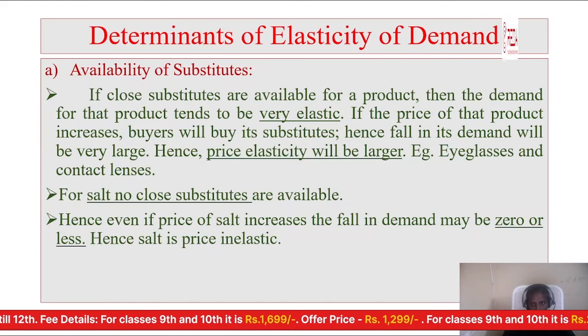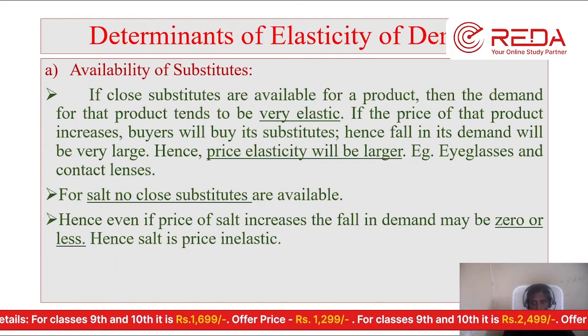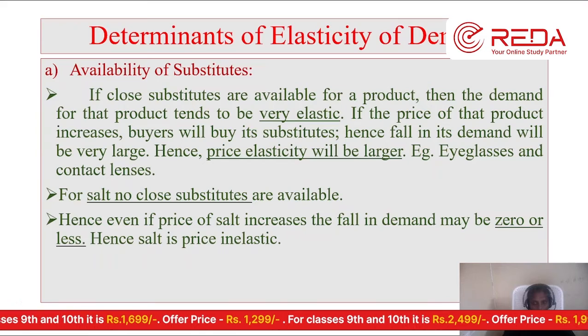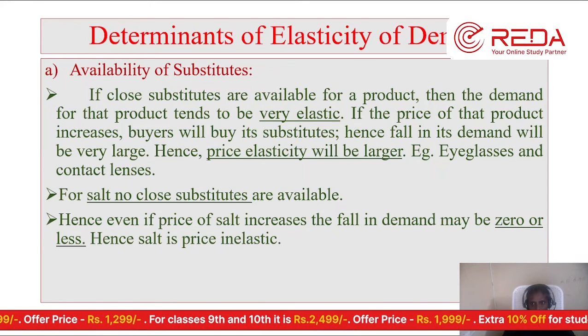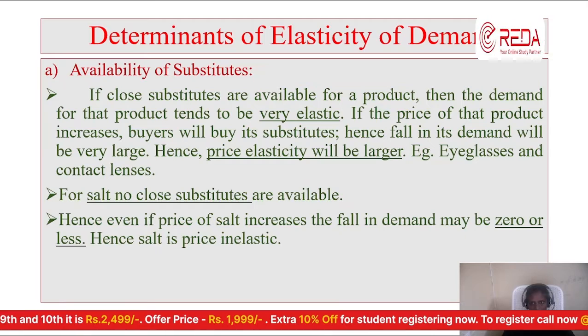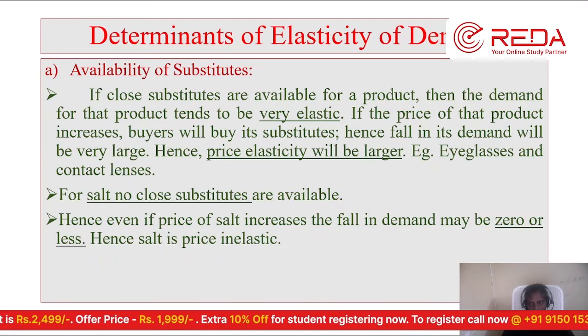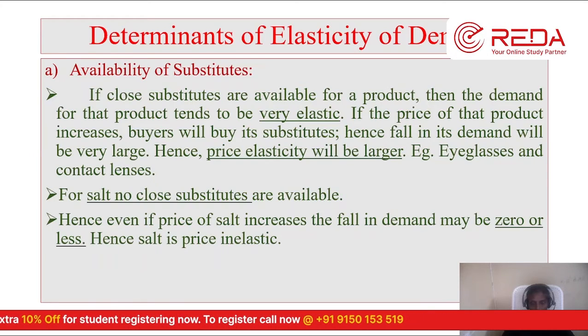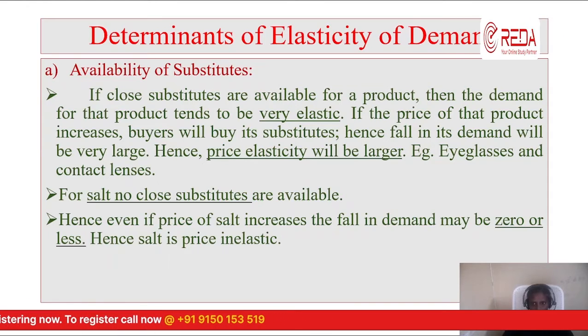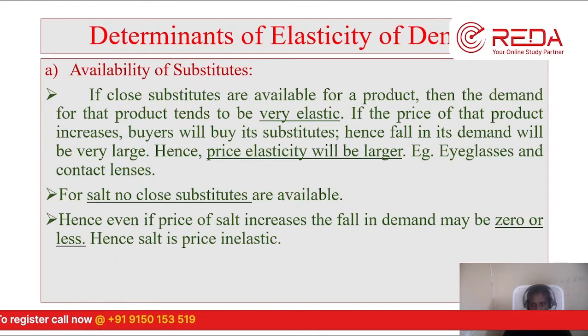For example, take eyeglasses and contact lenses. The people who are comfortable with or like eyeglasses, and then you see the contact lenses. So two products are there. If the price of any one substitute good goes down, the preference depends upon the price of the substitute goods.